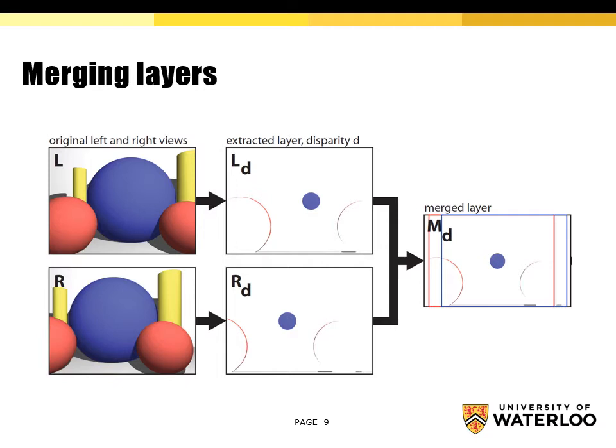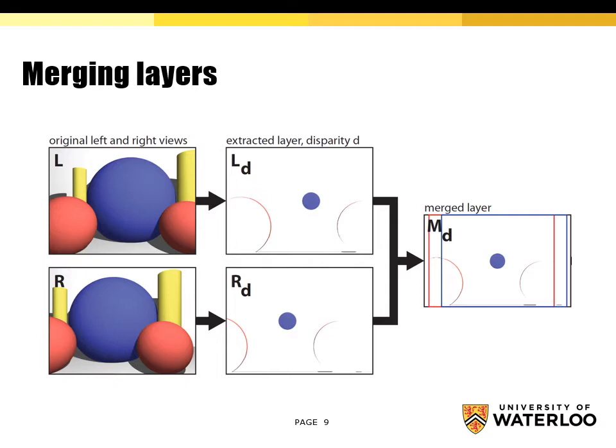So while merging, we take the left image and then we superimpose the right image on top of it after leaving an offset of D. And since both the left and right images are present at the same disparity, the pixels generally overlap correctly and no object that's present in the layer is deformed.